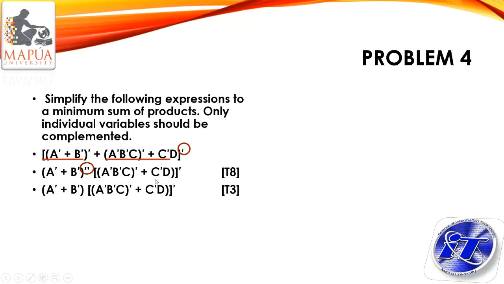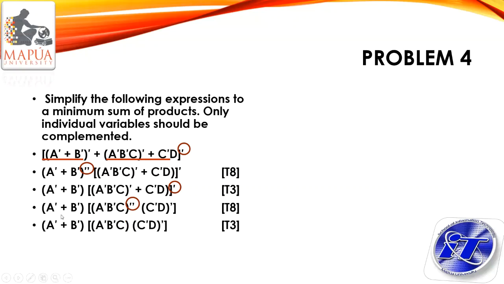Now, we are ready to simplify the second term. So let's evaluate the second term using De Morgan's law. We have A naught B naught C, double negation, or will become and then not of C naught D. And we all know that again, double negation, we could remove it in our equation.